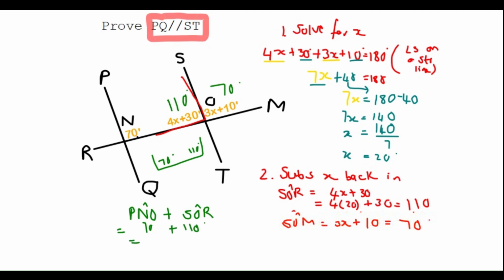I add them and I find that the answer is 180. Now I can say, because of that, PQ is parallel to ST, and the reason is what I just proved. Co-interior angles are supplementary, which means together they are 180 degrees. Okay.